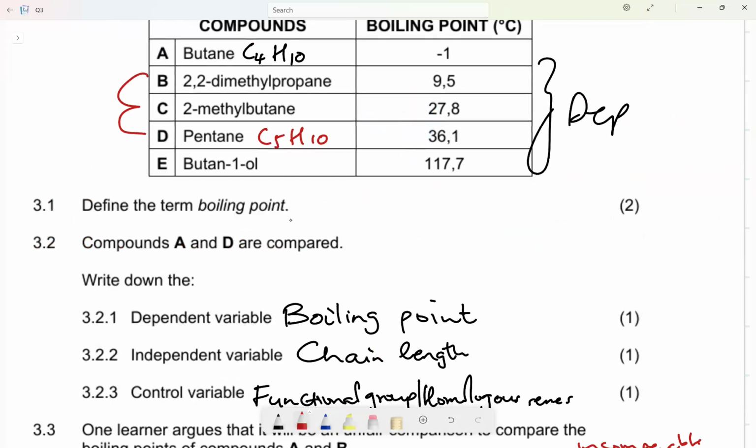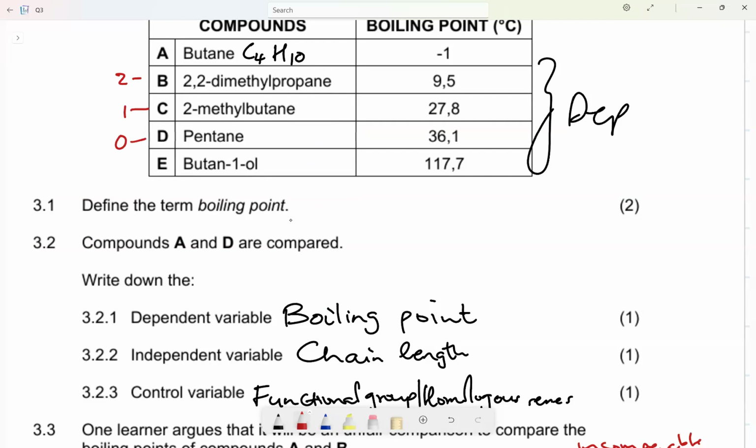I want us to check. Between B and C, the difference is that this one has another branch. This one has 2 branches, this one has 1 branch, and this one has 0 branches. Do they have the same molecular formula?